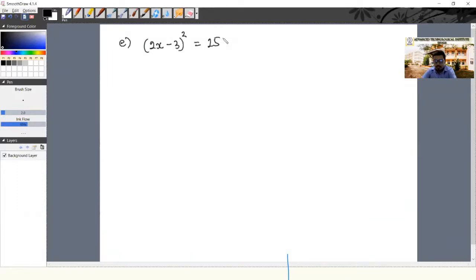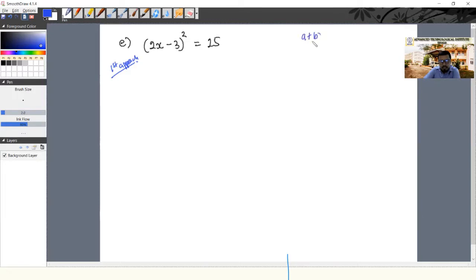How to solve this? There are two approaches, right? I will take the first approach, or the first method. We can expand this. How?